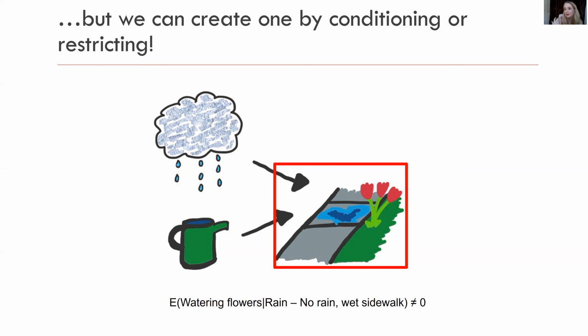So for example, if the sidewalk is wet and it's not raining, then somebody must have recently watered the garden. Otherwise, there's no explanation in our graph here for what could have happened. So this is where we create a spurious association by conditioning or restricting on the collider.